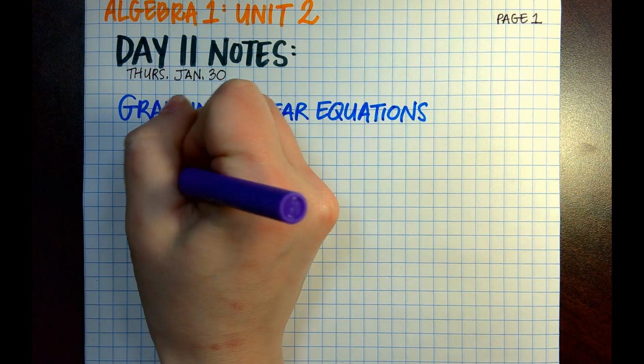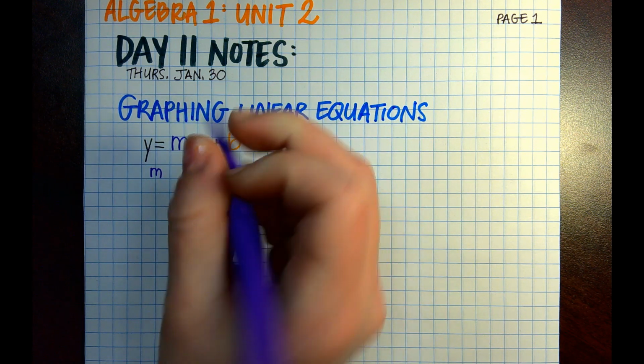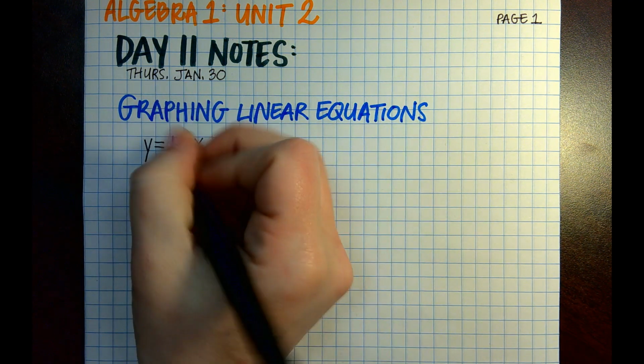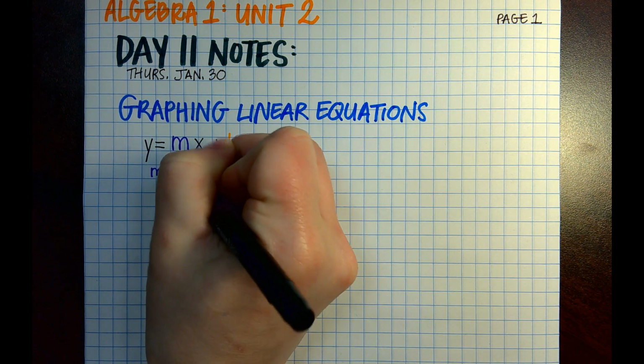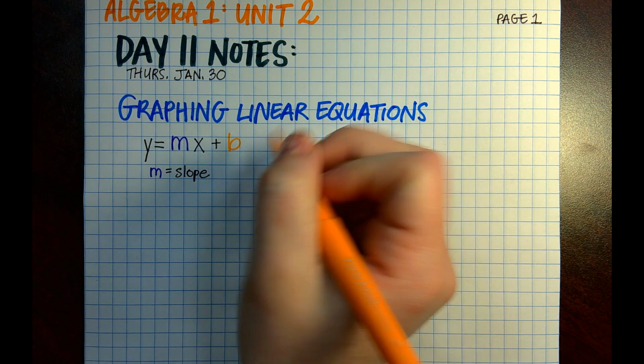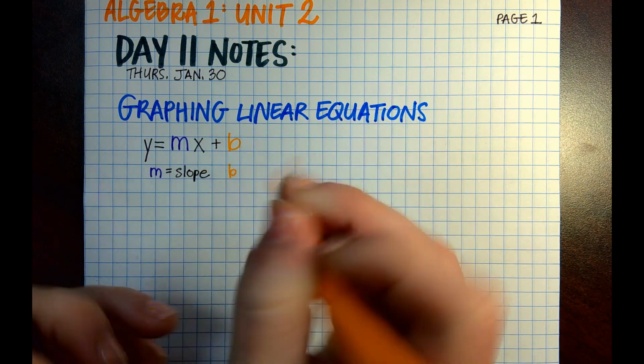So, off to the side, m equals slope, y-intercept. This is just a repeat of what we were talking about yesterday.